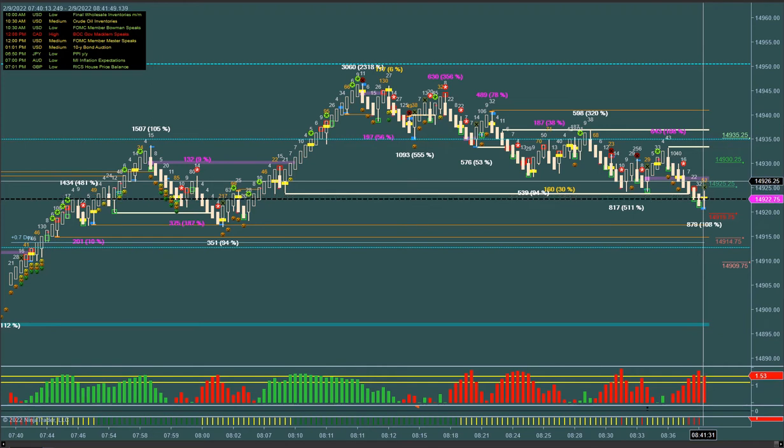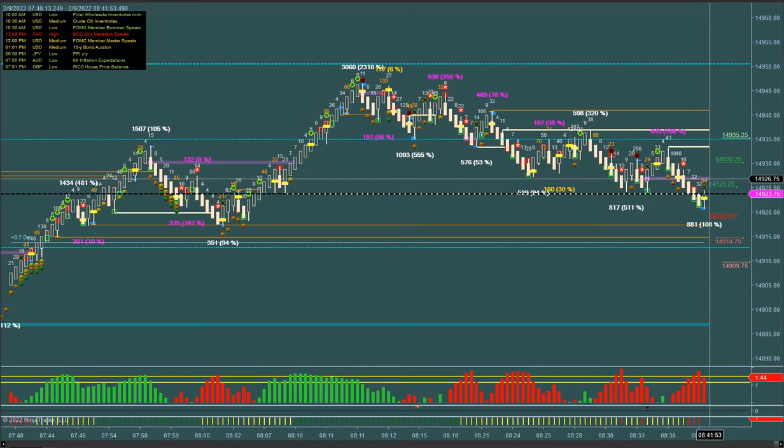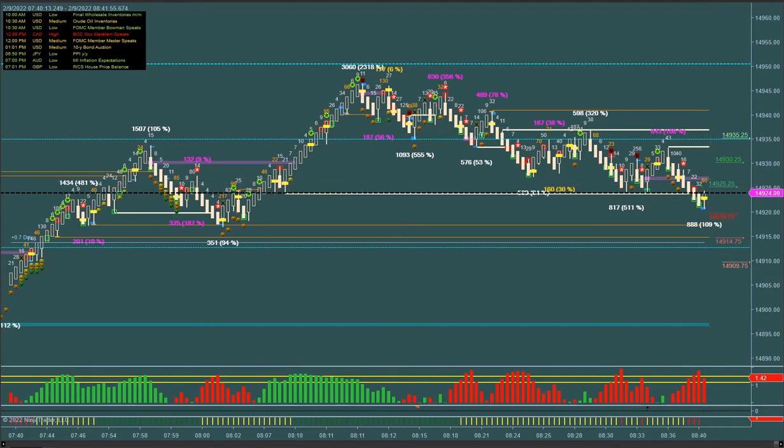This market's not moving a lot at the moment. Let's see, I would need a bar to close up. See if we get a close up here. But I do prefer it to come down further first.